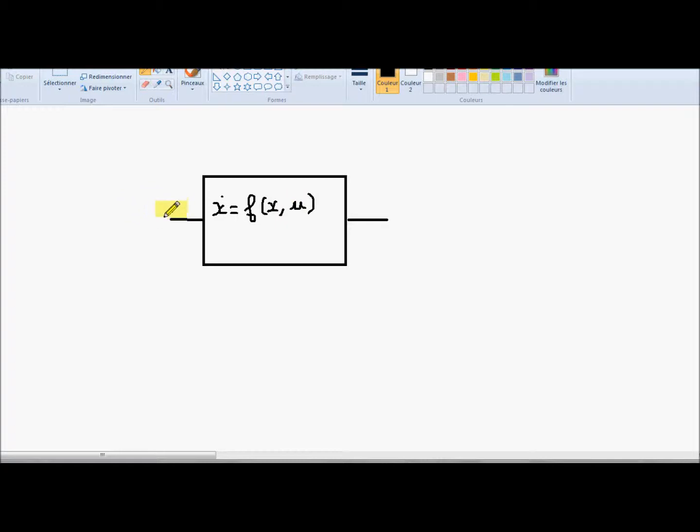The input u corresponds to the angle of the rudder and the length of the main sheet. And I will assume that I measure x. So since I have an expression for f, I will be able to simulate it.